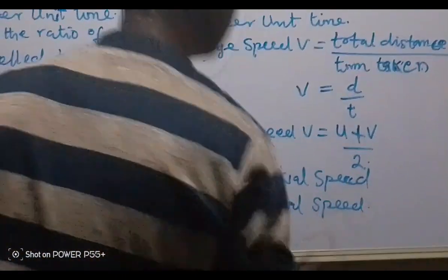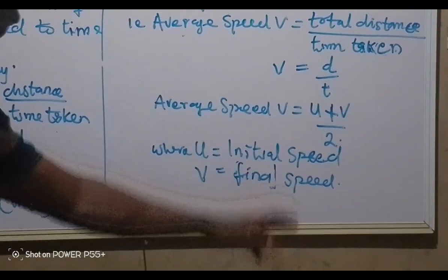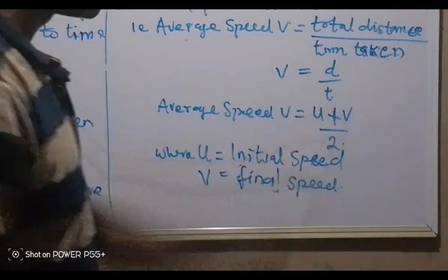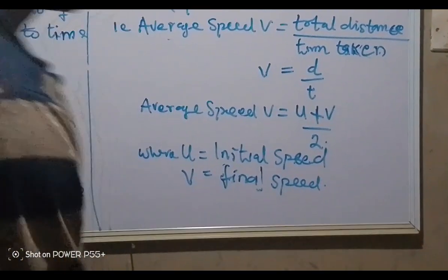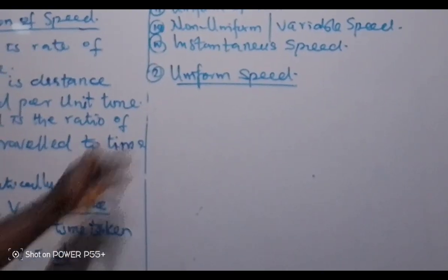U is the initial speed, the point where the object starts to move, and V is the final speed, where the object finishes its motion.